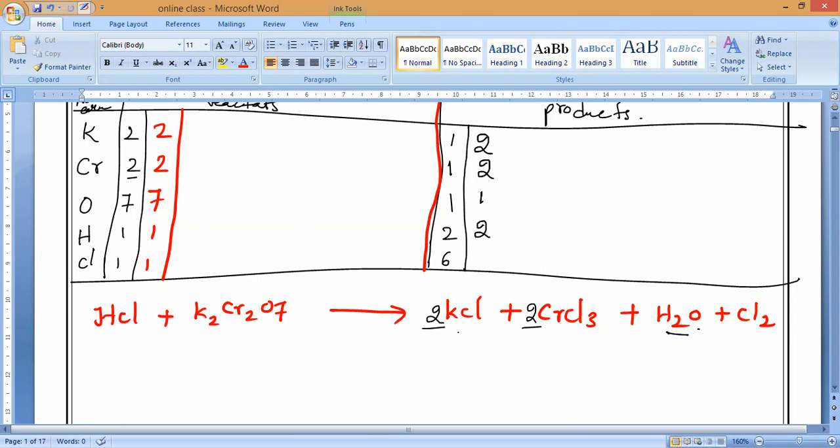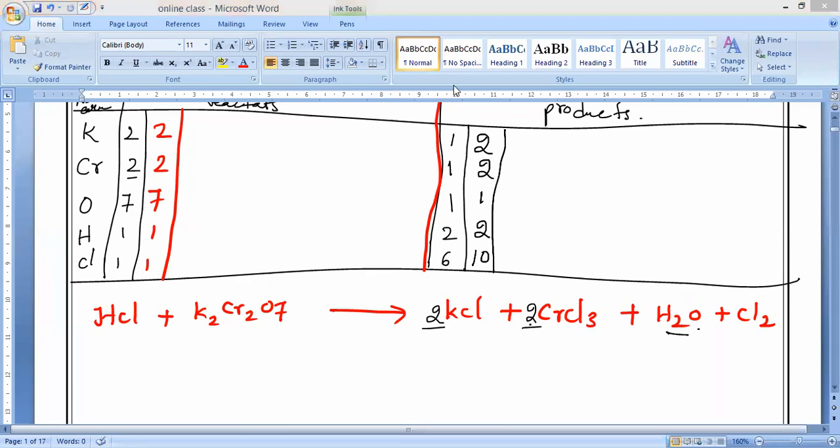But chlorine, check it, guys. 3 twos are 6, plus 2, how much? 8, plus 2, how much? 10. Have you noticed it? This is the thing which you have to remember. Clear, everybody? You said 8, but it is 10.